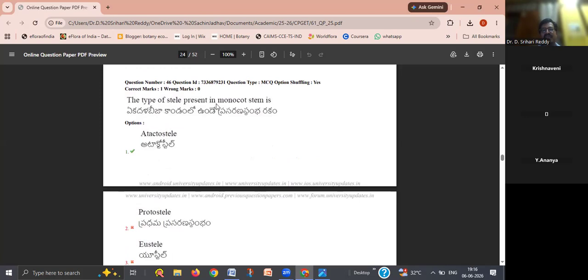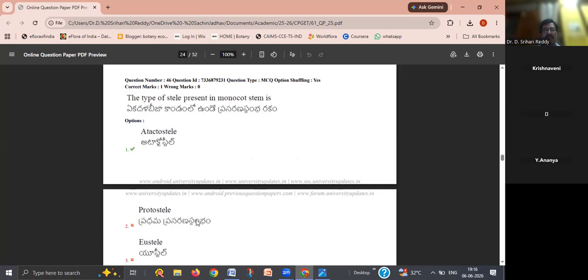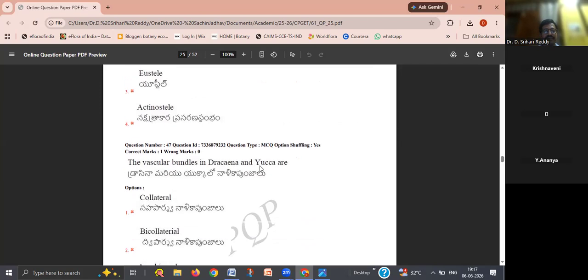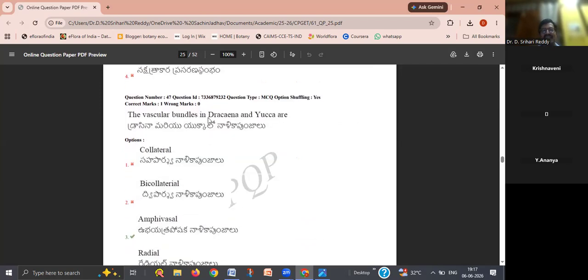And the type of stele present in monocot stem is atactostele. The type of stele present in dicot stem is eustele. And protostele, actinostele, these are present in Lycopodium stem, that is a pteridophyte. And the vascular bundles in Dracaena and Yucca are, okay, now we come to this one.